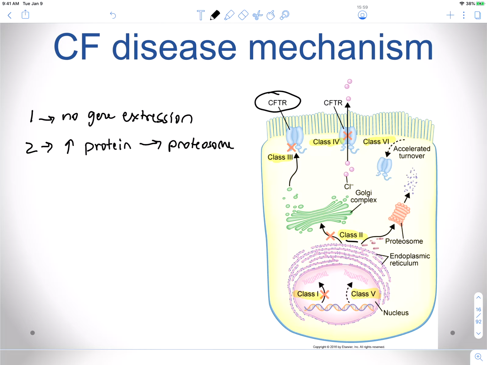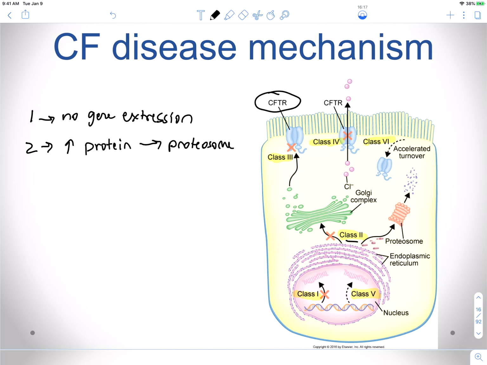So what this means is that you have a functional actual receptor that's made. Some of it will get to the surface, but a lot of it will get degraded in the proteasome. So it's not going to be as severe as class 1, but you still don't have enough of the receptor on the surface for normal lung function.